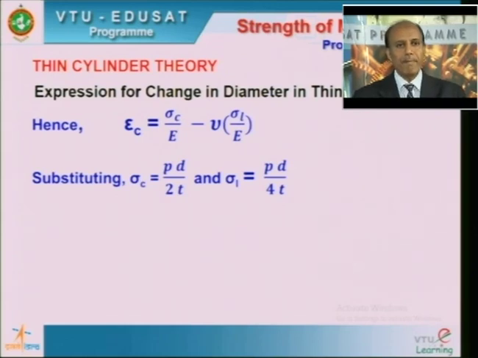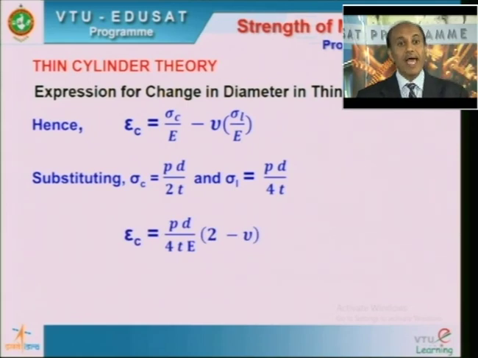Put them in the above expression, simplify, and you get PD by 4tE into (2 minus nu), where nu is your Poisson's ratio. What you are getting here is the circumferential strain. Strictly speaking, circumferential strain is nothing but the change in circumference by the initial circumference. Basically that's how you can define circumferential strain at this stage.